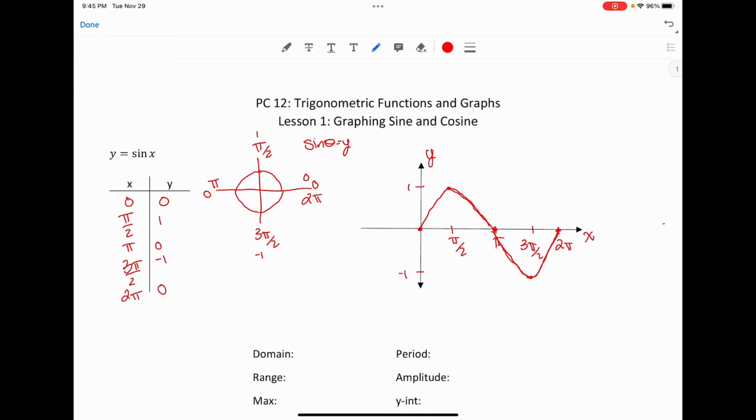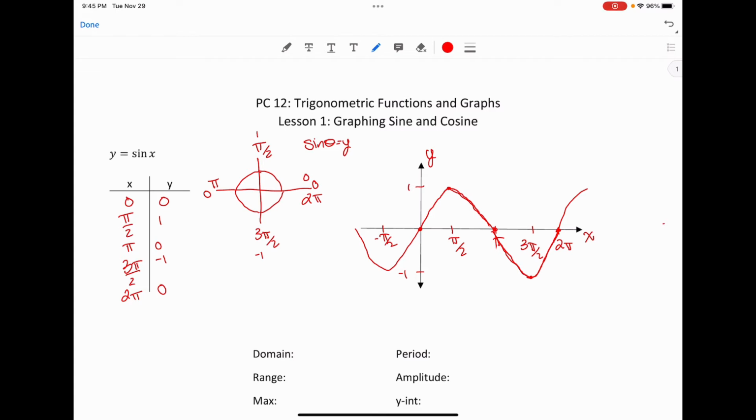Okay? So this function can continue on because I could go around the circle backwards. So negative pi over 2 would be down here at -1, and then up to negative pi would be at 0. And we can continue on through the circle. So this is why this is called a periodic continuous function.